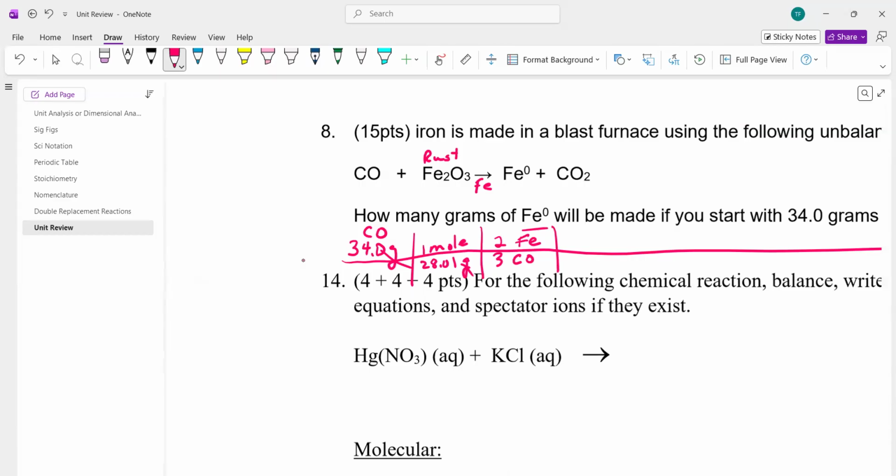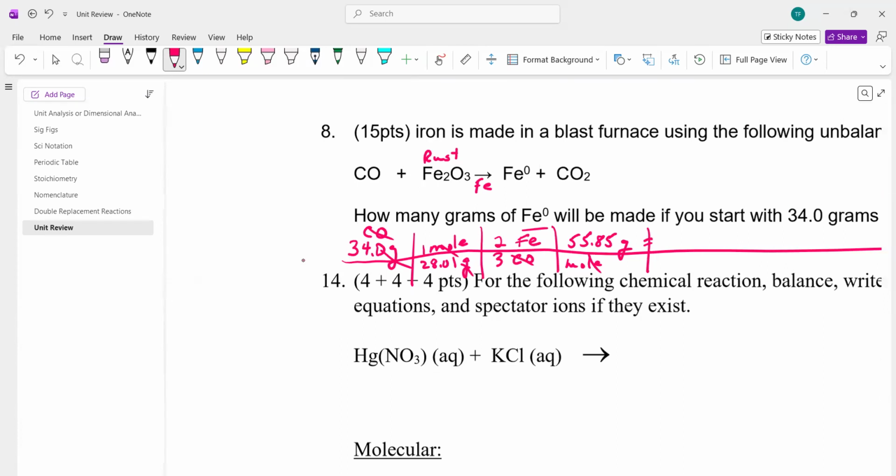That's the middle step. It's always there when you're doing stoichiometry, the ratio from the balanced equation. And then iron is, what did you get for iron? 55.85 grams. There you go. So moles cancel, CO cancels.